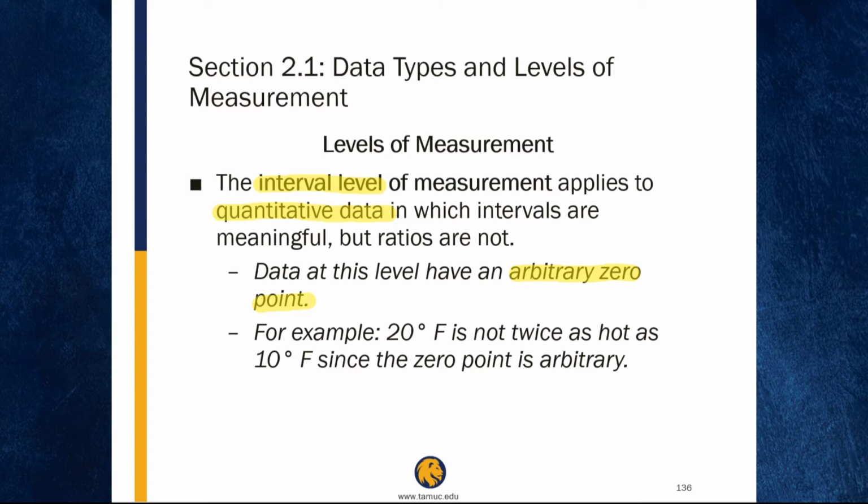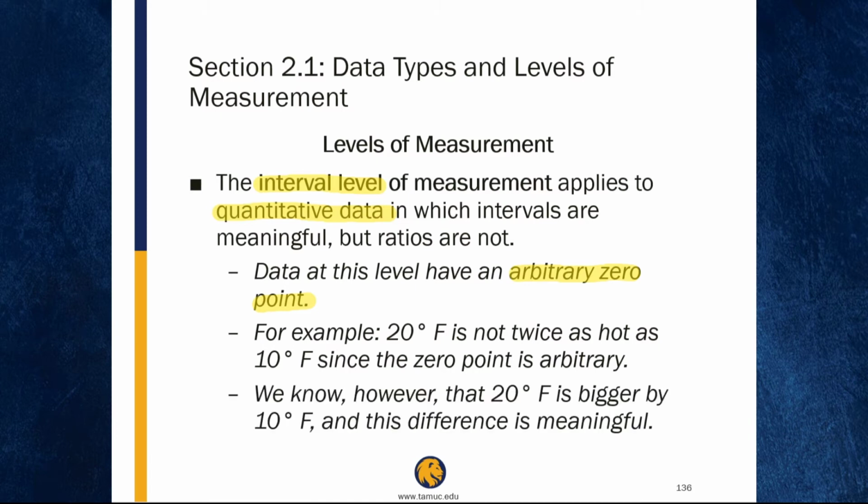We can consider one bigger than the other, but the ratio between them is not really definable. So that's what this says here. We know, however, that 20 degrees Fahrenheit is bigger than 10 degrees Fahrenheit, and this difference is meaningful. It's just that the ratio is not necessarily as meaningful.